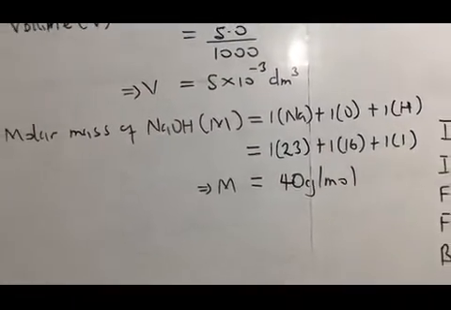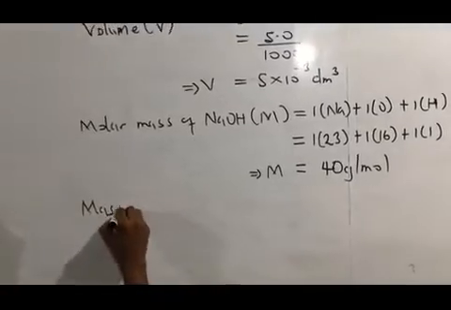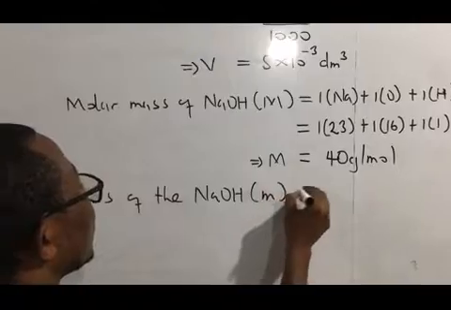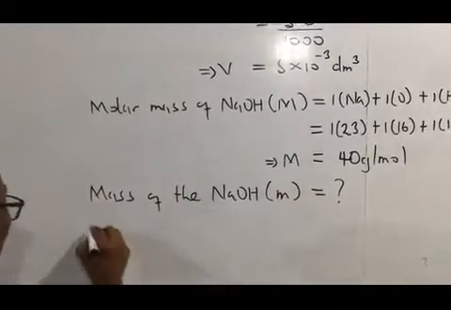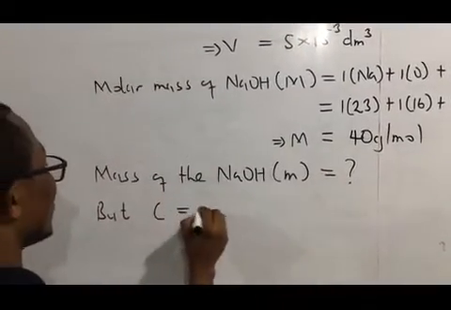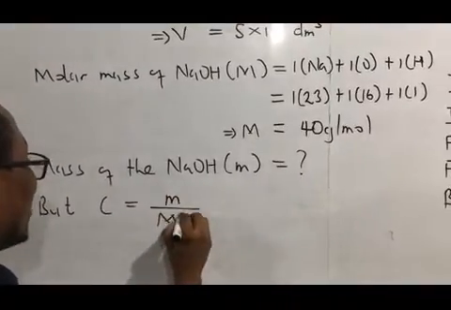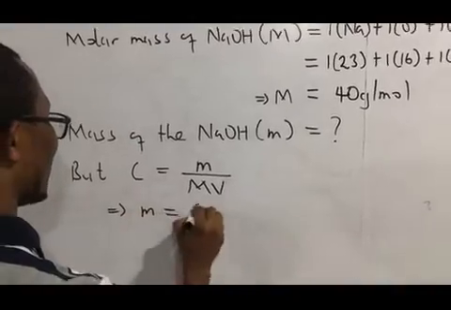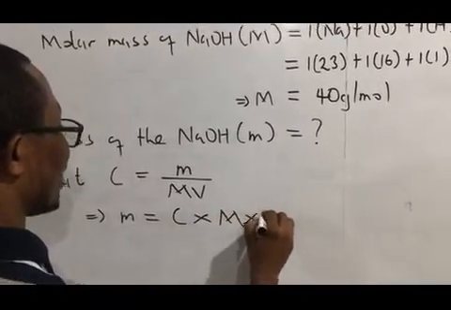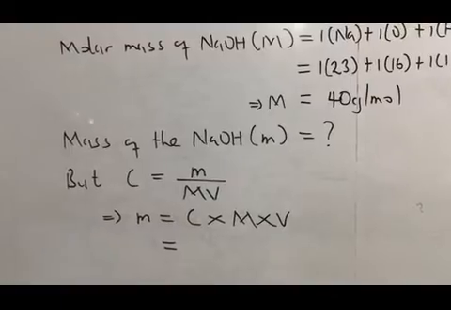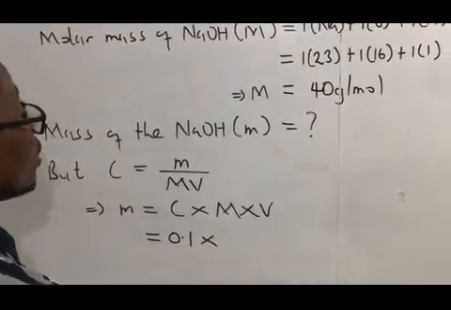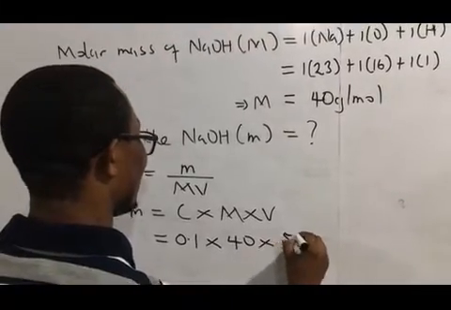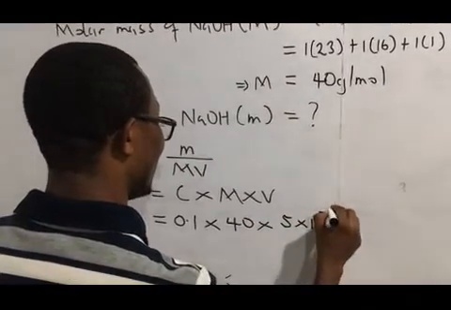So we can now calculate for the mass of the NaOH. So using the equation C equals mass over molar mass times volume, the mass here becomes the C times the big M times the V. The C is 0.1, the molar mass 40, the volume is 5 times 10 to the power minus 3.